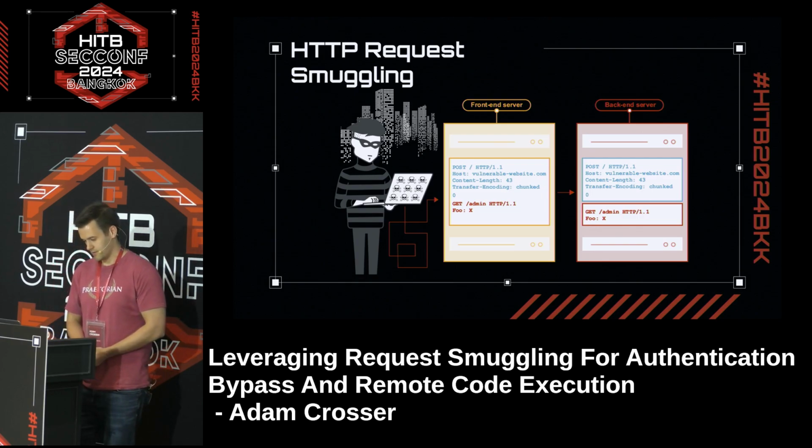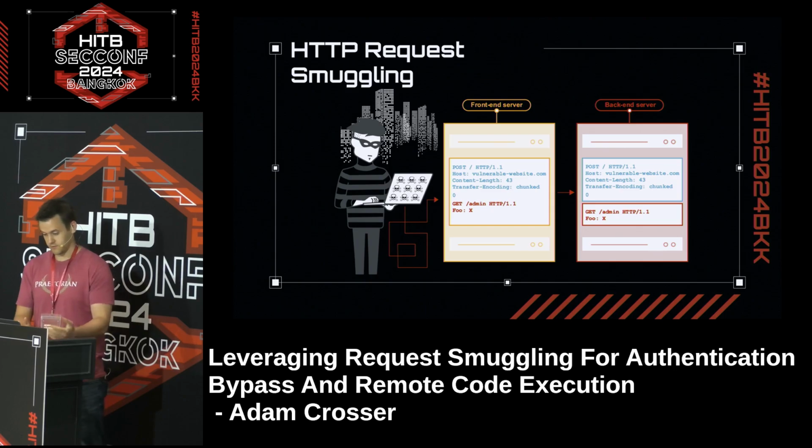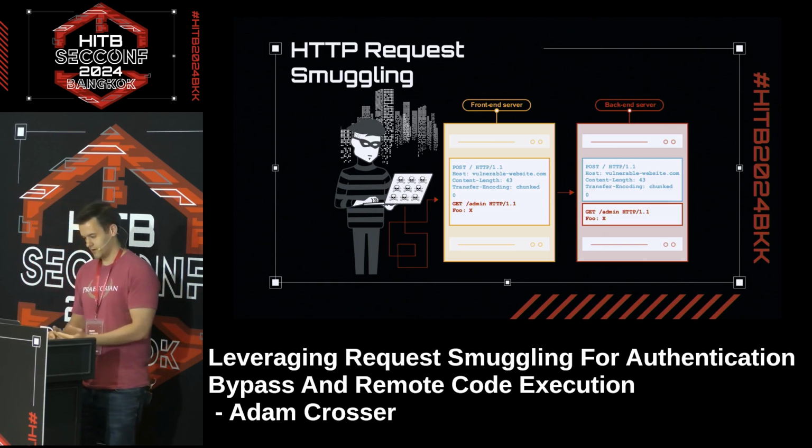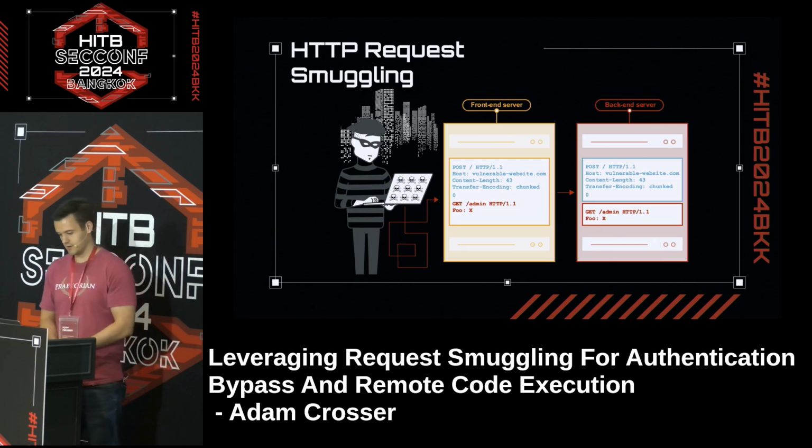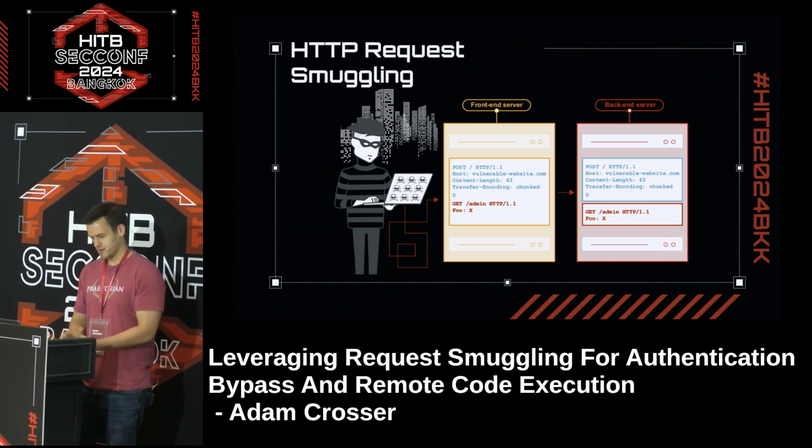So what happens if you specify both of these values? Well, if you have a front-end server that routes on one, and a back-end server that uses the other, you could have a confusion if those lengths end up being different. That's a classic example.